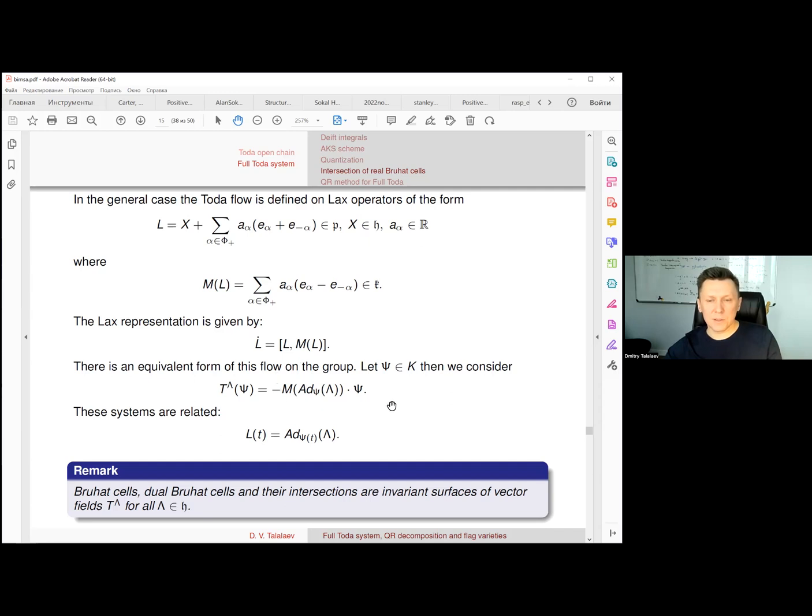So in fact, this flow is related to the standard flow of the Toda system by this rule. So if we can solve this equation for psi, we can solve the equation, then L of t is a solution for the Toda flow on the space of Lax operators from the space of symmetric matrices in the case of root system A_{n-1}.